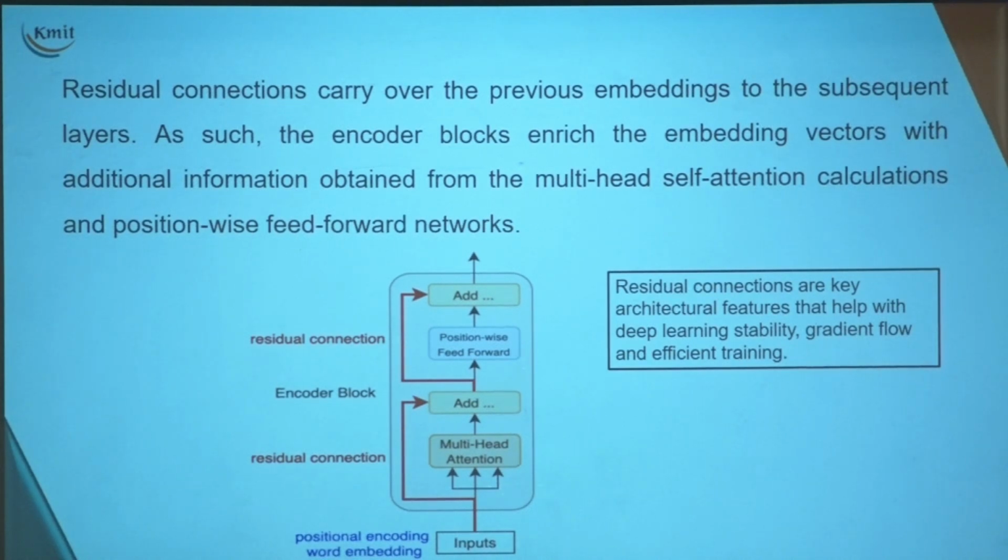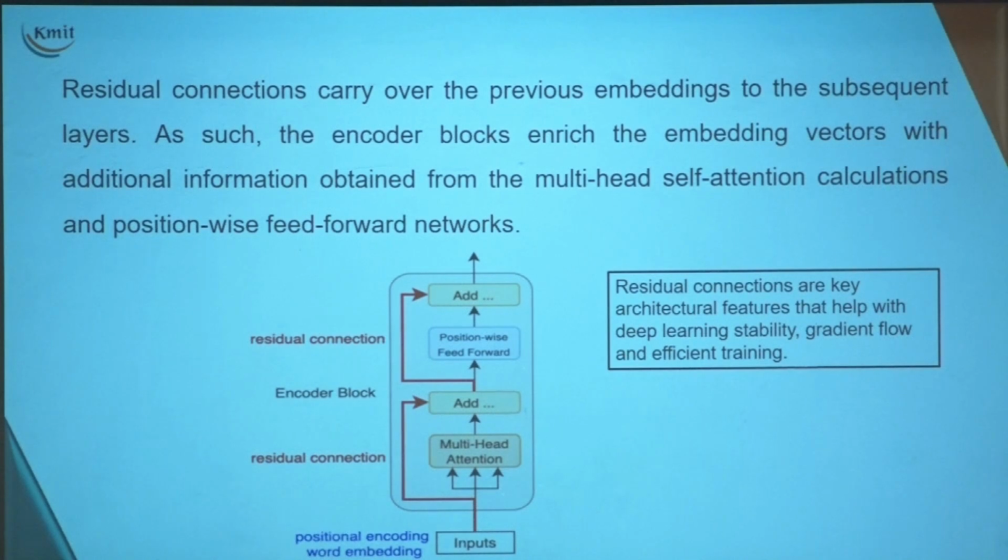Now let me tell you what these residual connections are. Listen to me. I'll take a sentence, generate the input tokens of that, and give it to multi-head attention using self-attention, where I generate the outputs. When I take a new word, all the previous words would be the same, only the new word is added. So I go for adding here. I don't want to repeat the process. See, I am ASHA is there.